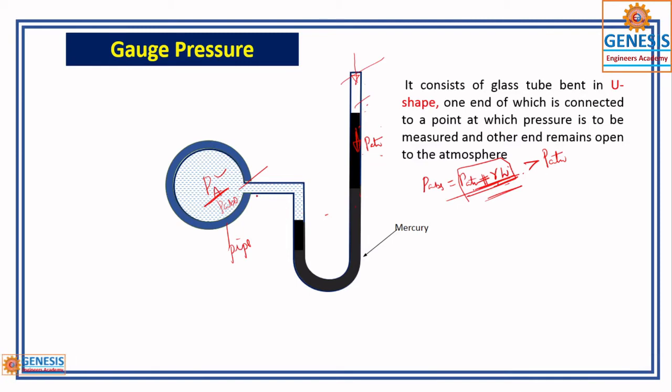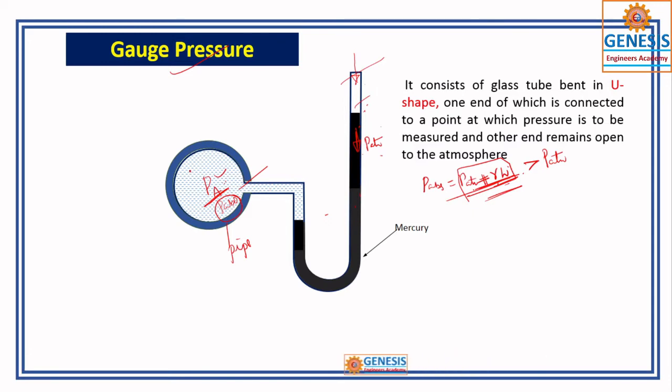You have to remember one thing. By this time you must be able to recognize what is absolute, what is atmospheric, and what is gauge pressure. Atmospheric pressure plus gauge pressure, since we are measuring gauge pressure, we can call this absolute pressure. If this total pressure is more than atmospheric, then only the mercury rises.